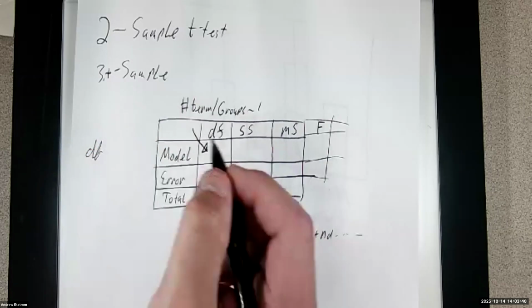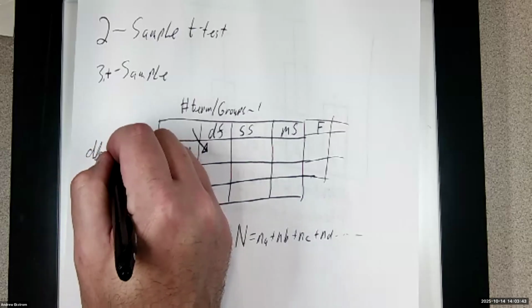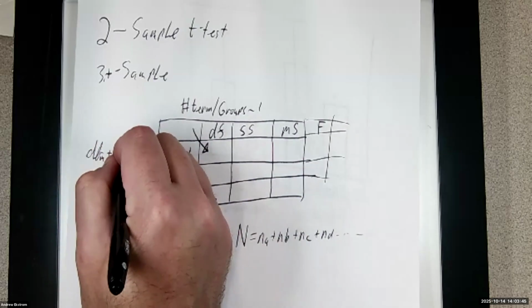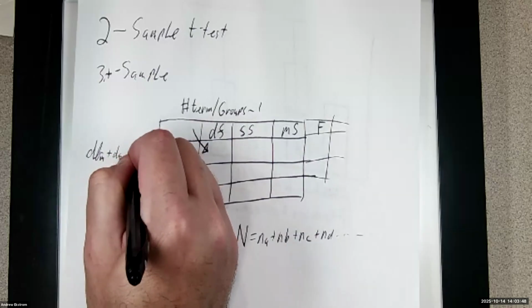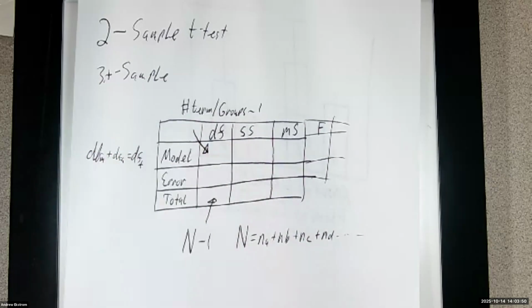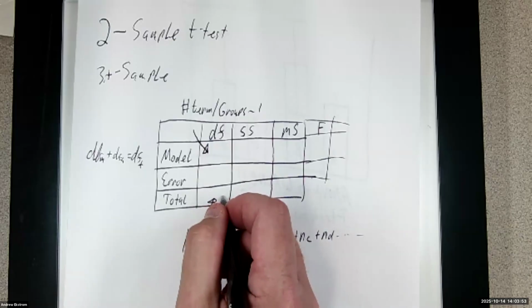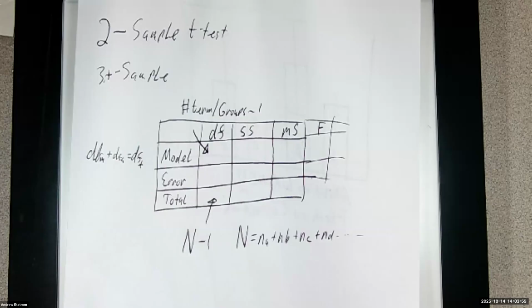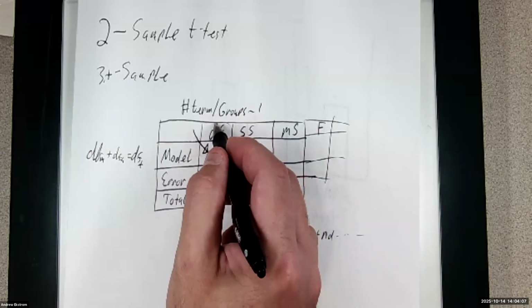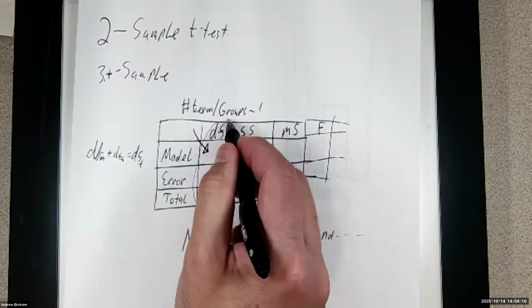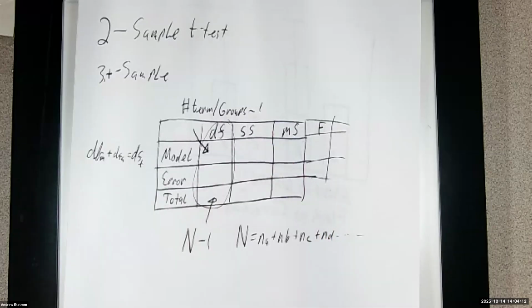So degrees of freedom from the model plus degrees of freedom from the error are going to be degrees of freedom total. So if I have 59 here, I have 4 here. 59 minus 4, 55. Not too hard a math yet, right? And we'll actually work on these. And I will say, when you work on the problem, it's going to be on you to figure out the values to put in all 3 of these cells.